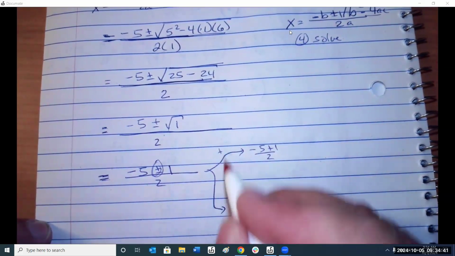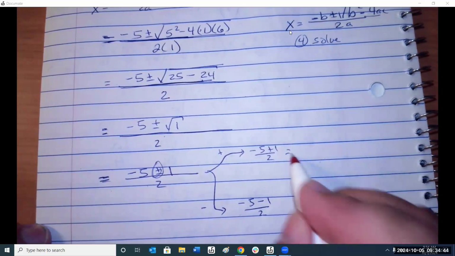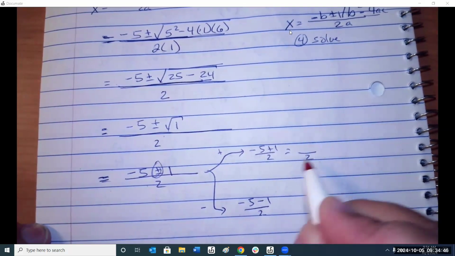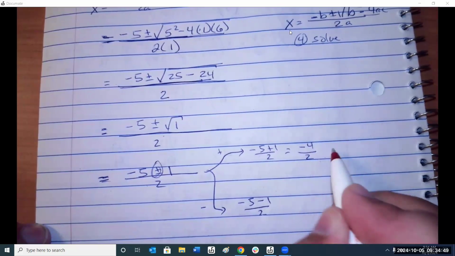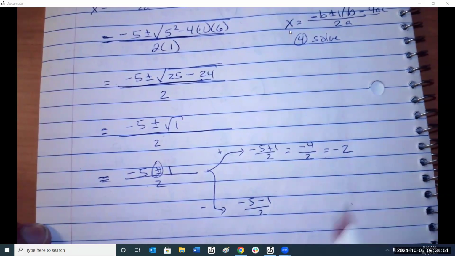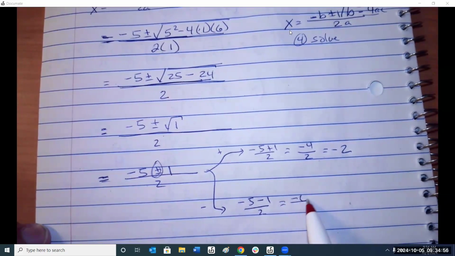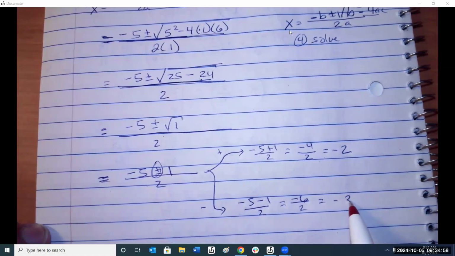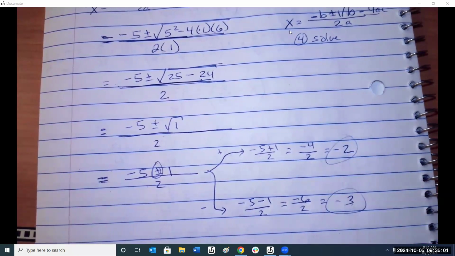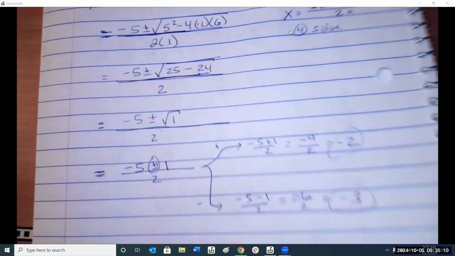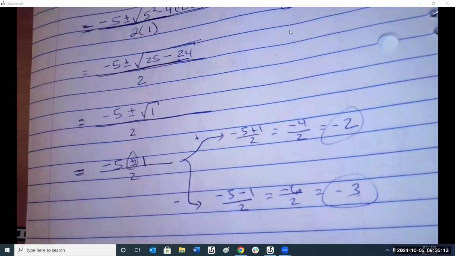This is for plus, and this is for the minus. -5 plus 1 is -4. -4 divided by 2 is -2. -5 minus 1 is -6 over 2 is -3. And it's the same solutions we had last time. Okay, so let's look at a more complex one with an a that doesn't equal 1.